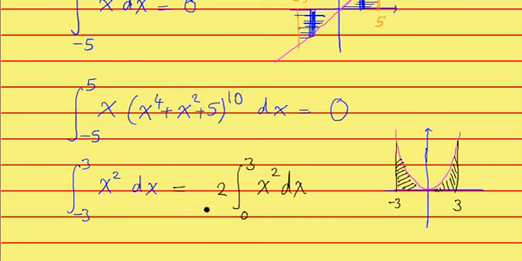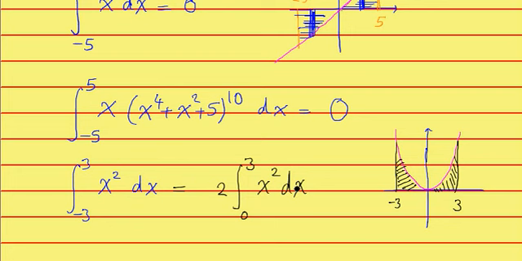What we want to emphasize here is that this is true for functions that are symmetric with respect to the y-axis, or so-called even functions. When they are integrated on a symmetric domain, you can do half of the integral and just double that up.